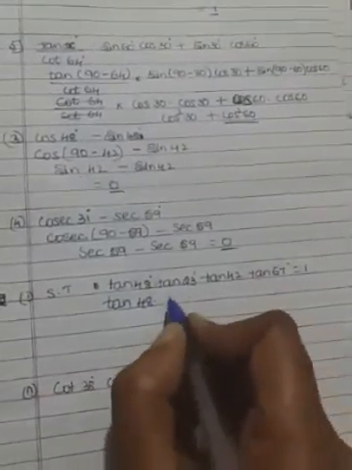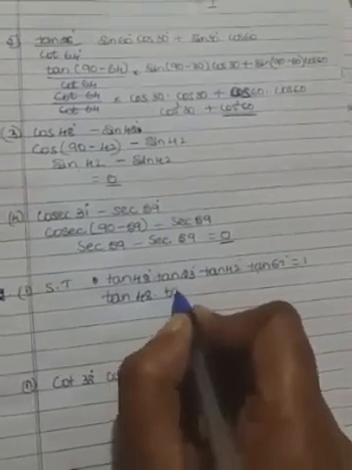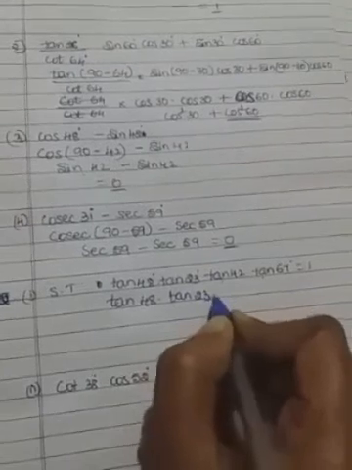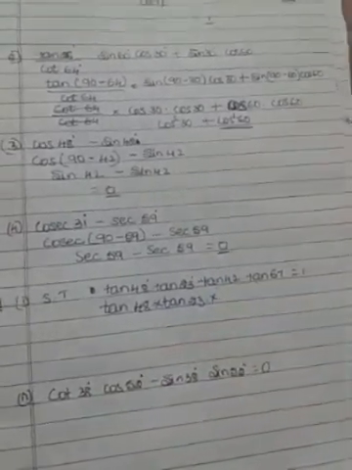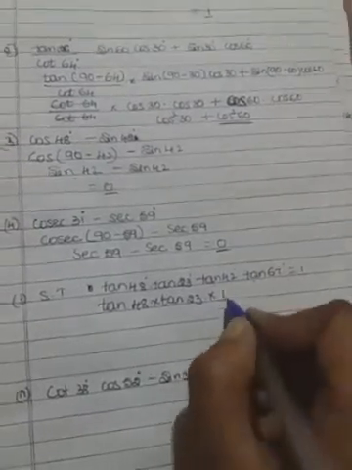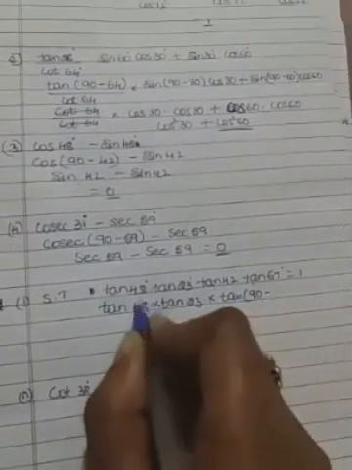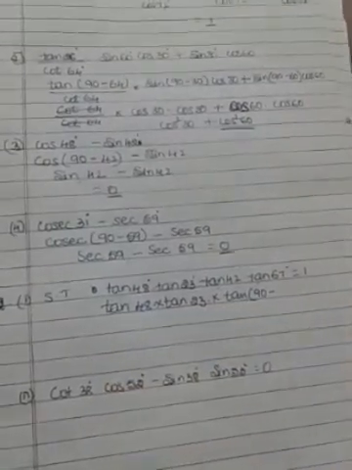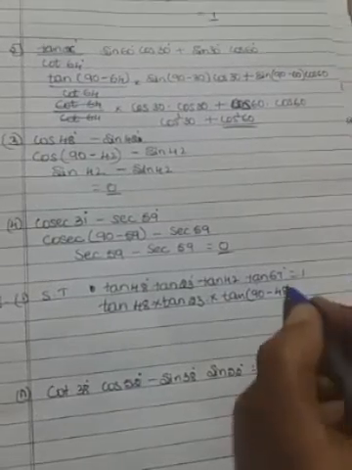Into this thing also we should write tan 23 as it is, into tan 42. We can write 42 as 90 minus 48, the value never changes. 90 minus 48 is 42 only.